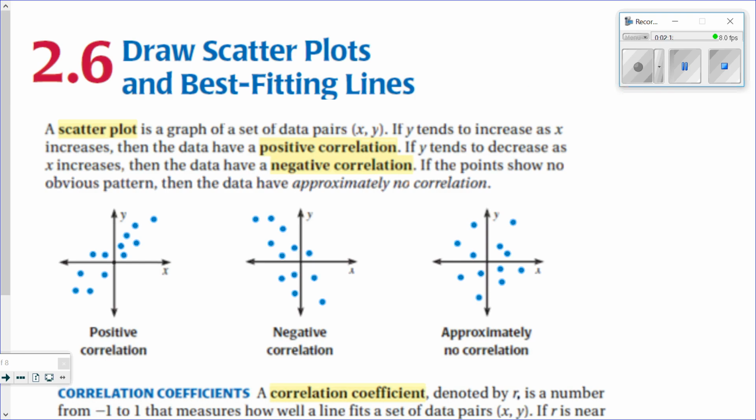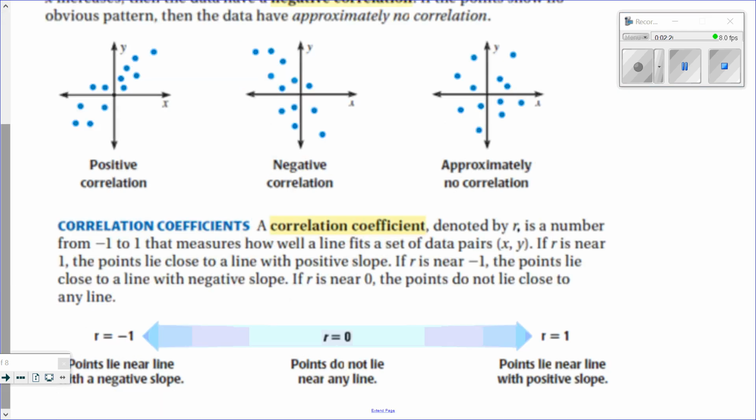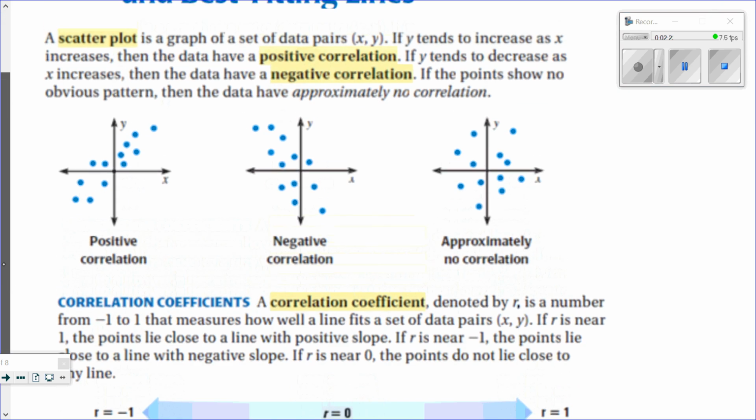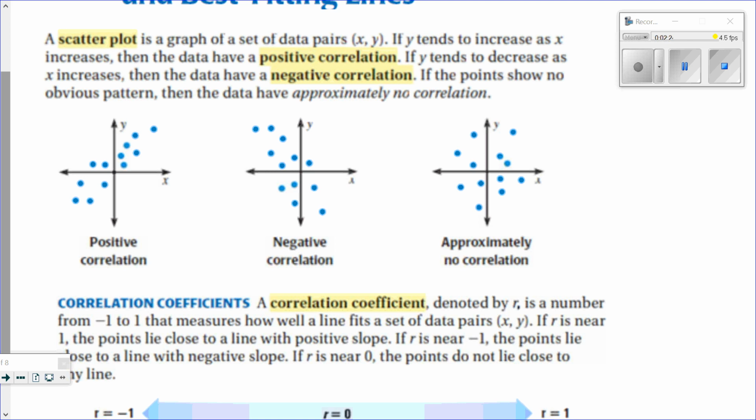On your guided note sheets, you can see this snip from your book, and it again just outlines the vocabulary terms that we discussed on the first slide. But here you can actually visualize positive correlation, negative correlation, and approximately no correlation. In the first one, positive correlation, you can see pretty easily that as your x's increase, your y's increase for each point that you've plotted.